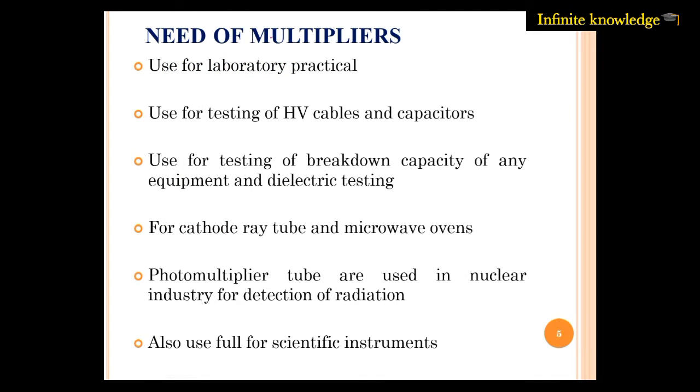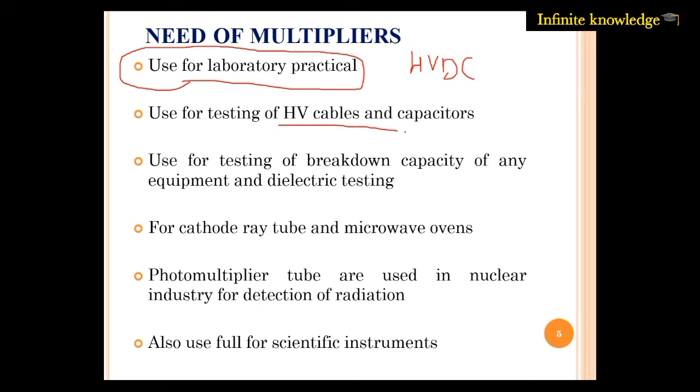Now what is the need of the multiplier? What is the use of it? What is the application of this project? It is used in laboratory practice in a high voltage laboratory, in which we require a high voltage DC supply. We can use this circuit for testing of HV cables and capacitors, as high voltage equipment, as power system equipment.